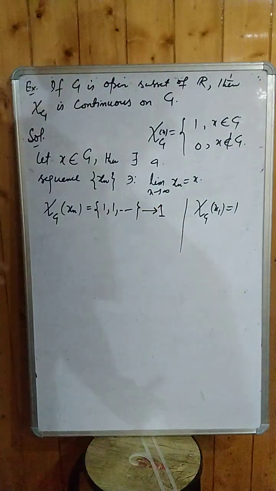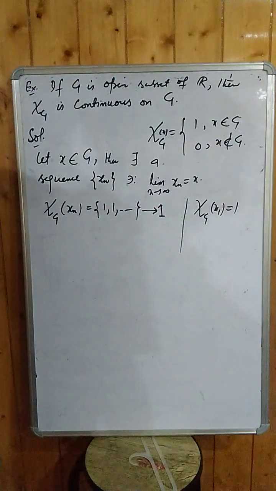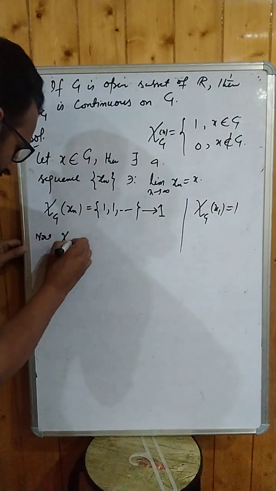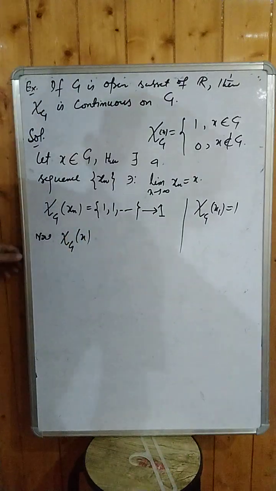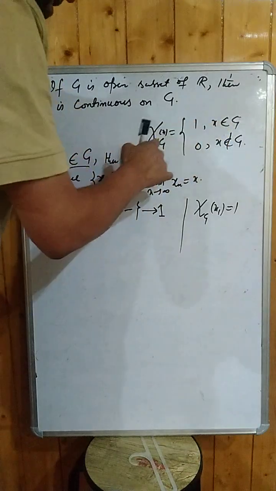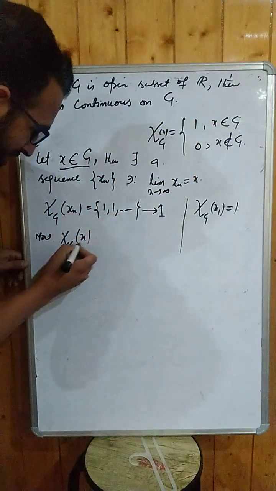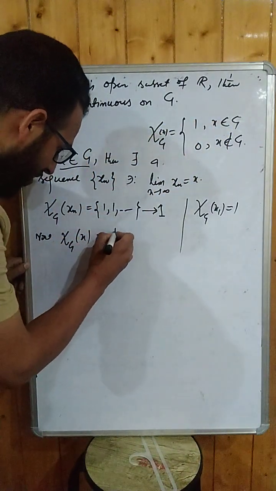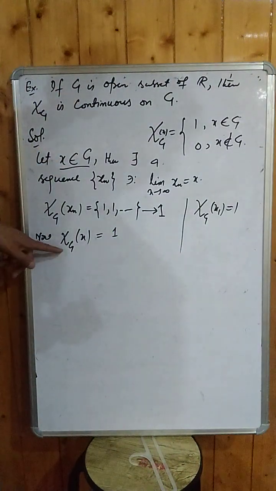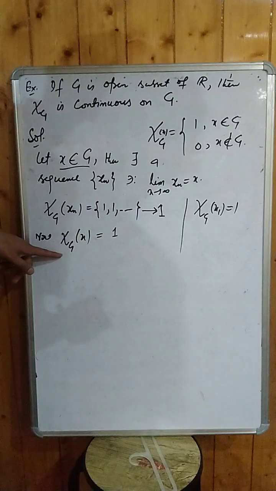Now we shall check out the post image of x. The characteristic function of x: since x is already in G, and whenever x is in G this is 1, that means this will be 1. Can I say that this converges to this as n approaches infinity?